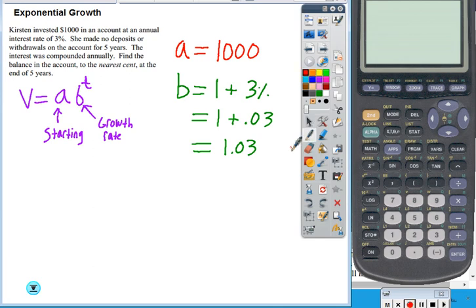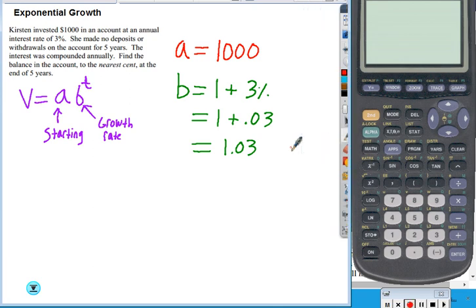Whenever we have a growth rate or a percentage decrease, we always start off with 1. What we must do if it is growth is add on the percent at which it is growing. So we always start with 1, and what we're adding on is our 3% growth.